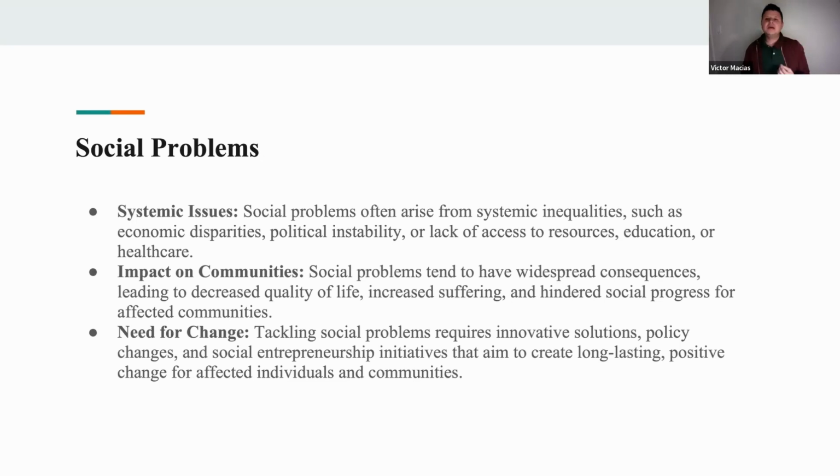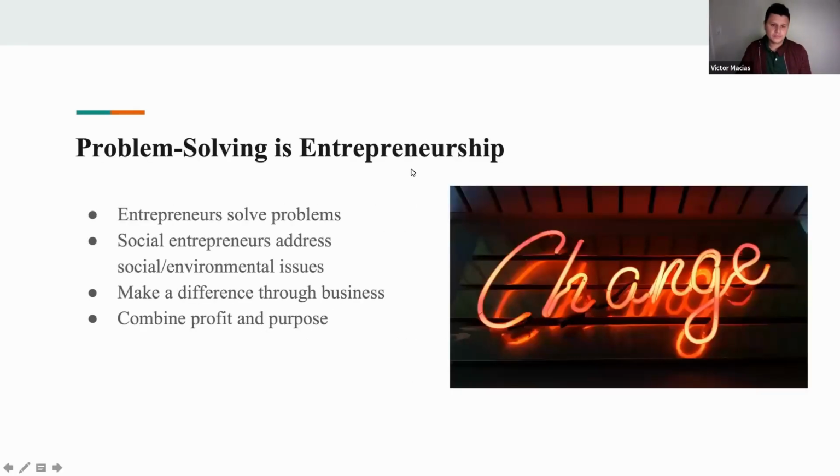Now, just because we're passionate about something, which is great, doesn't necessarily mean that it's a big enough problem to create a business around. And that's what we're going to walk through in a little bit. But the beautiful part of all of this is that problem solving is entrepreneurship. It's what you do.